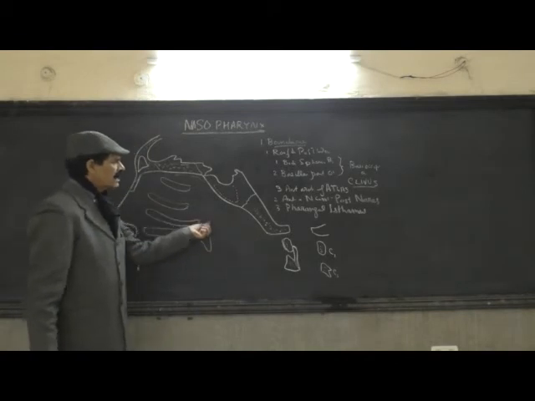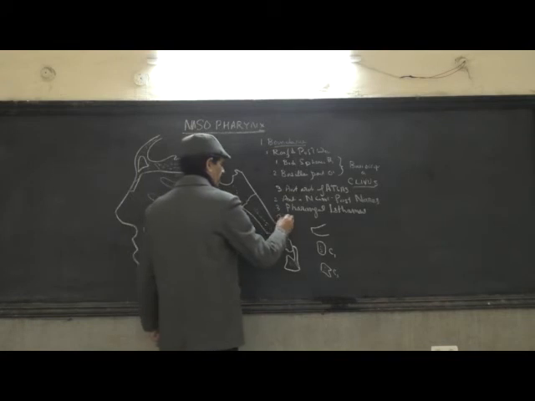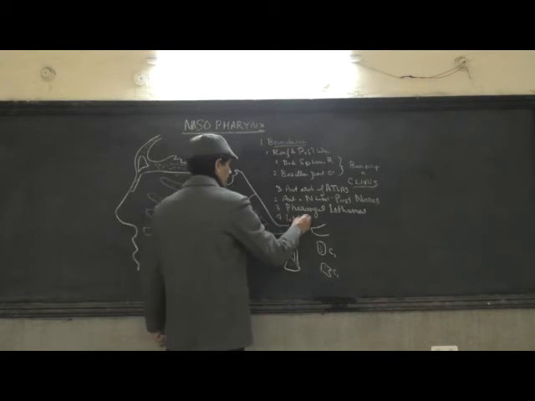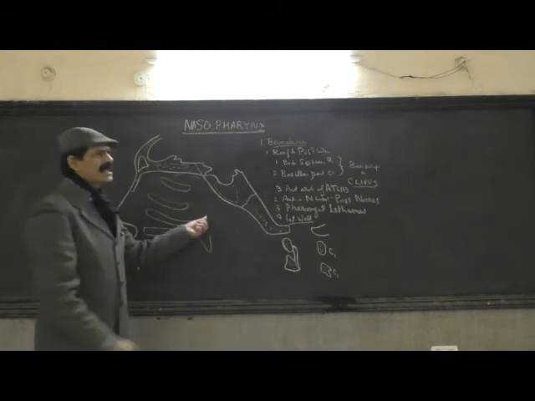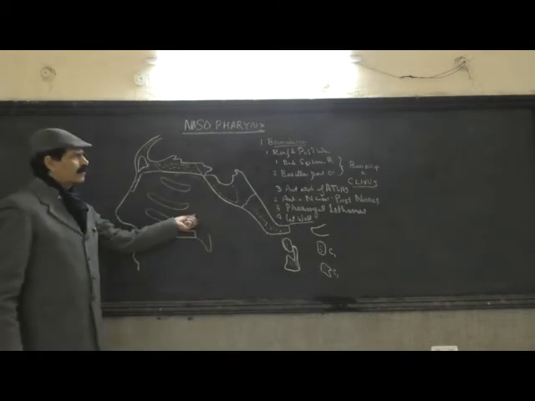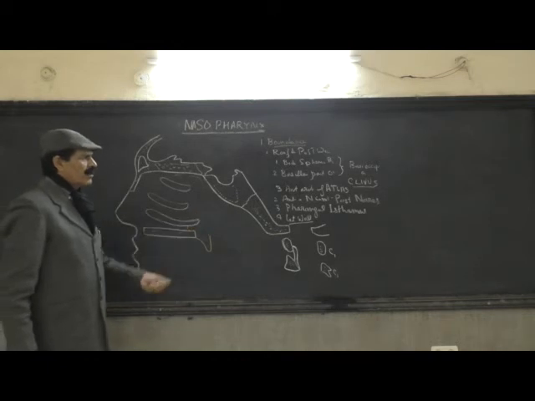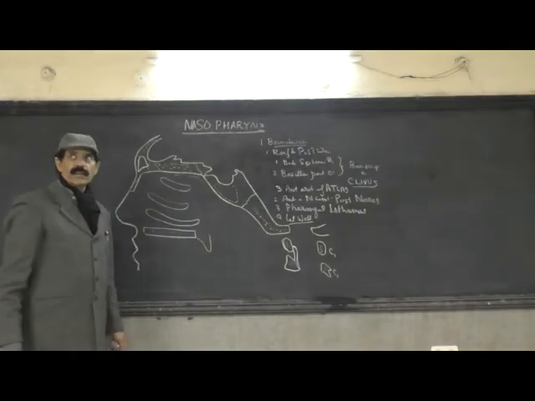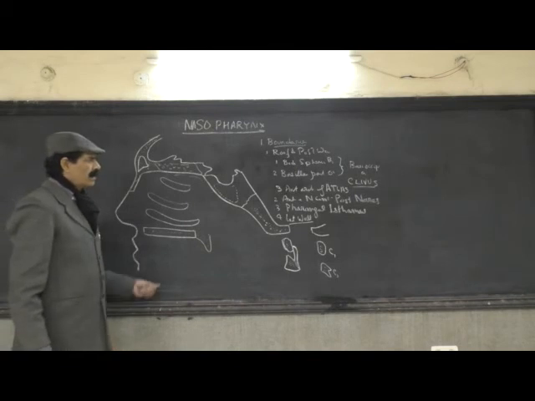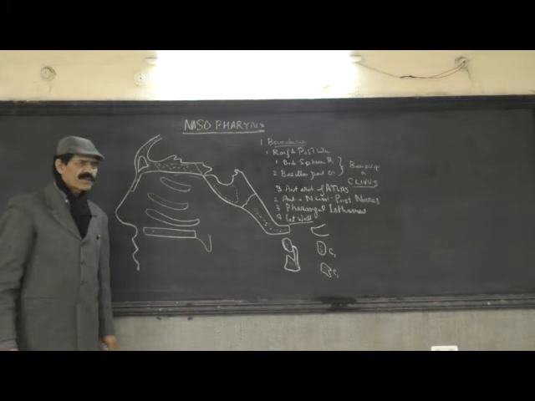And this is the lateral wall. So whatever we are seeing is the lateral wall. We will take the features of the nasopharynx one by one after doing the boundaries.